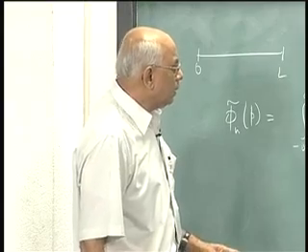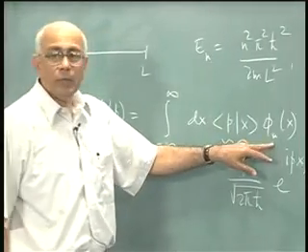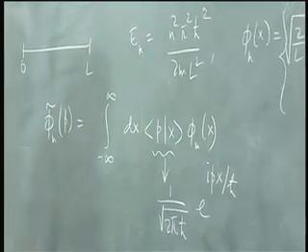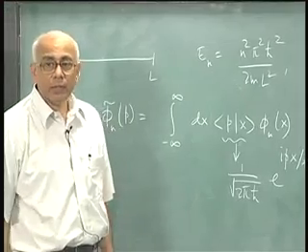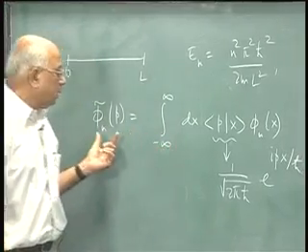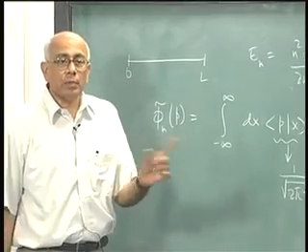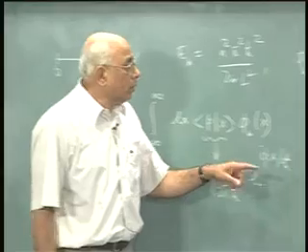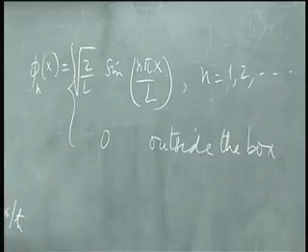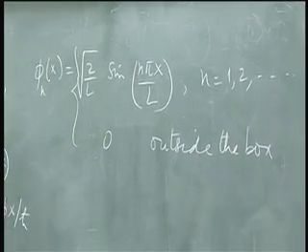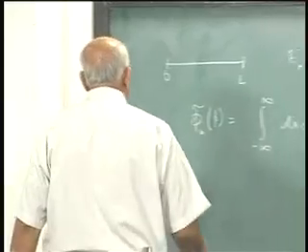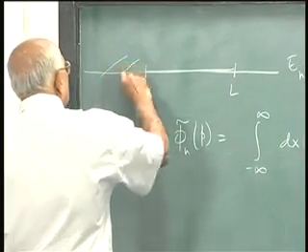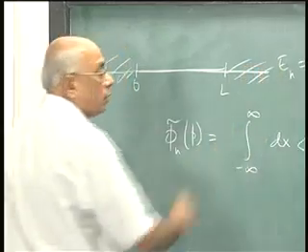As you can see, if this thing had been just e to the I px or something like that, or a sine or a cosine from minus infinity to infinity, then this would be just a superposition of a discrete number of momentum states. But because the wave function gets cut off outside the box, it is localized to within this box. So on this x axis the particle does not ever go outside the box.